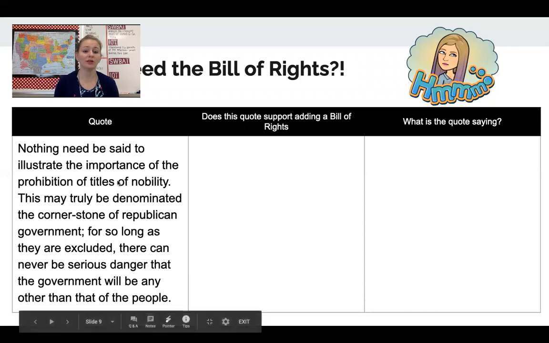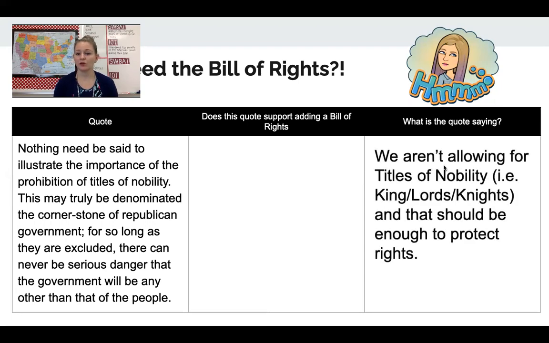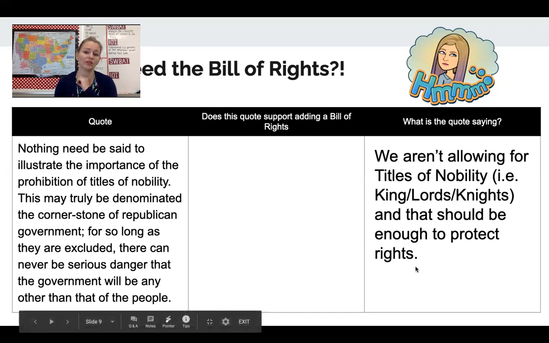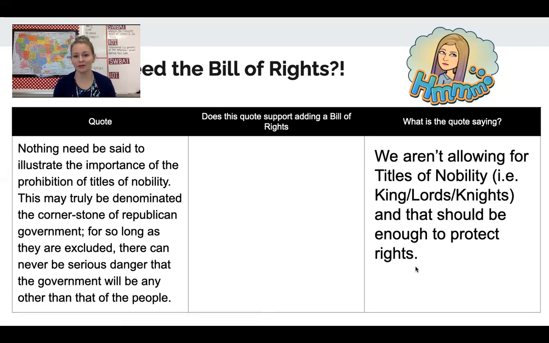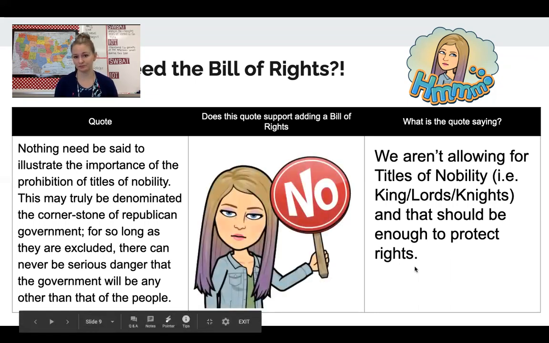So again, this one's talking about those titles of nobility, the no lords, no knights, no ladies, no sirs, you know, all that kind of stuff. So they're saying, like, we're not allowing for those titles of nobilities. And that should be enough to protect your rights. That should make you feel good that, you know, the things that we had to deal with that were taking your rights away over in England, we're not going to have to deal with that now. So again, this is another argument against adding the Bill of Rights.